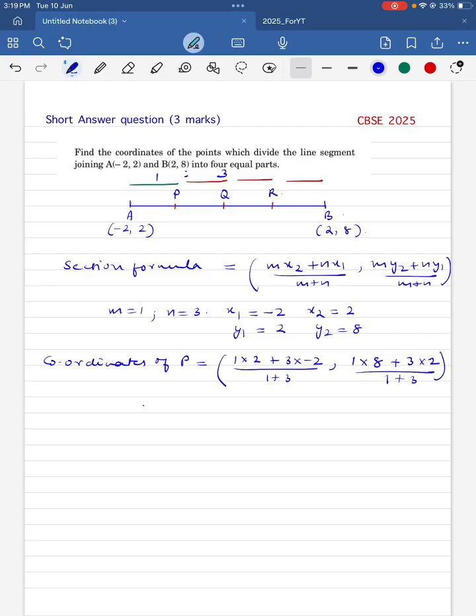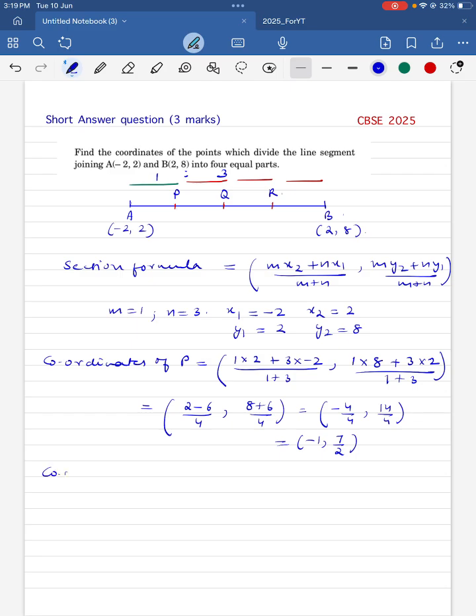So that's equal to (2 minus 6) divided by 4, comma (8 plus 6) divided by 4, which is equal to -4 by 4, comma 14 by 4, which is equal to (-1, 7/2). So now we got the coordinates of point P. Now we also need to find the coordinates of point Q and R.